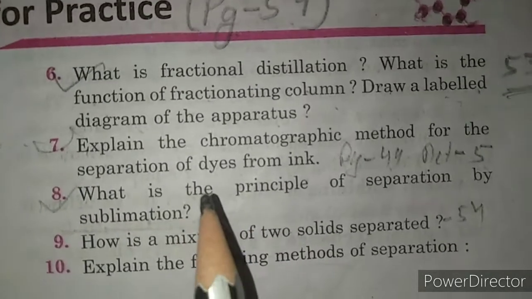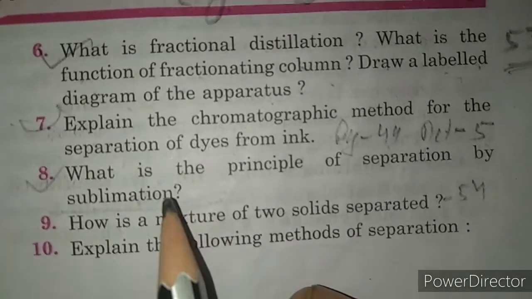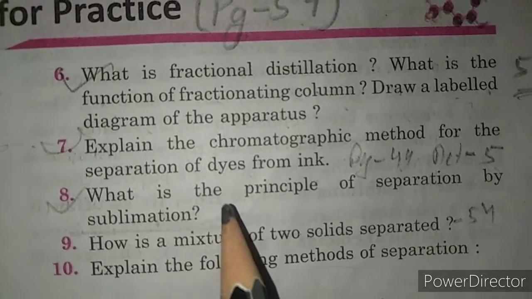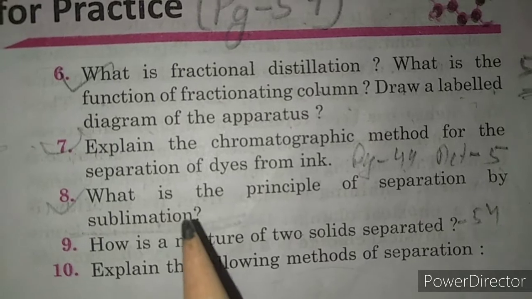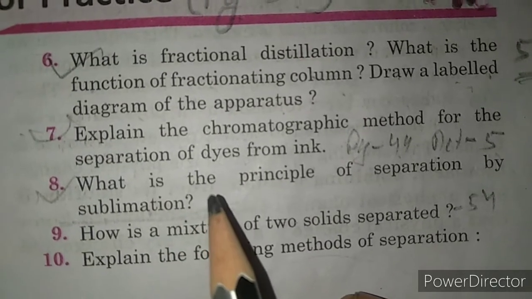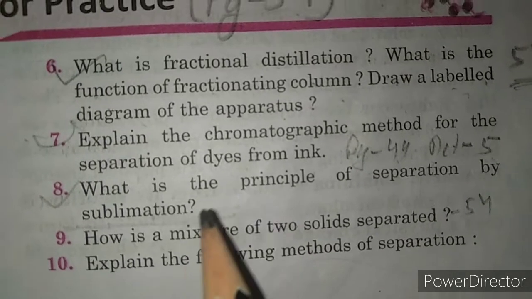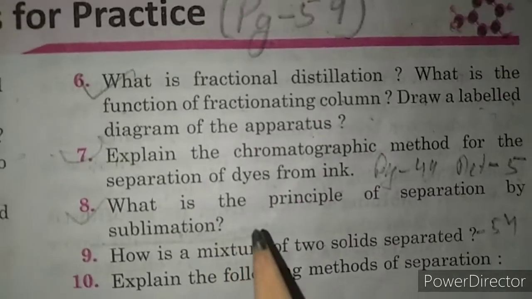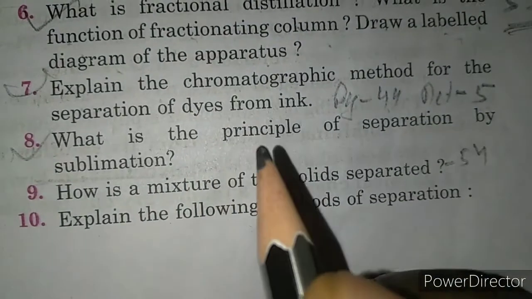There are some substances which have this property, and these substances are known as sublimes. Some substances have this property, and some do not. It means some substances are sublimable and some are not sublimable.